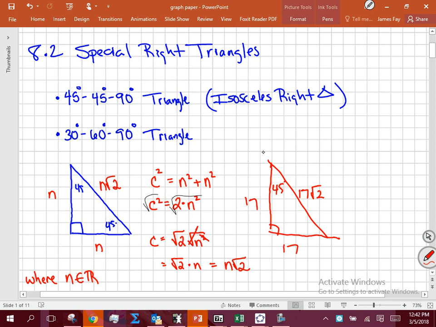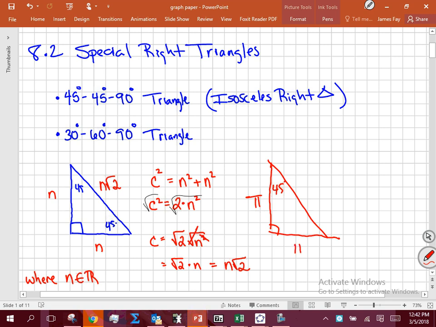Now, this n could be any real number we could ever imagine. There are some real numbers that we don't really like very much, but hopefully throughout the remainder of the course, we start to develop an appreciation for them. It's a number that we don't necessarily like a lot of times because of how it behaves. But that's pi, right?